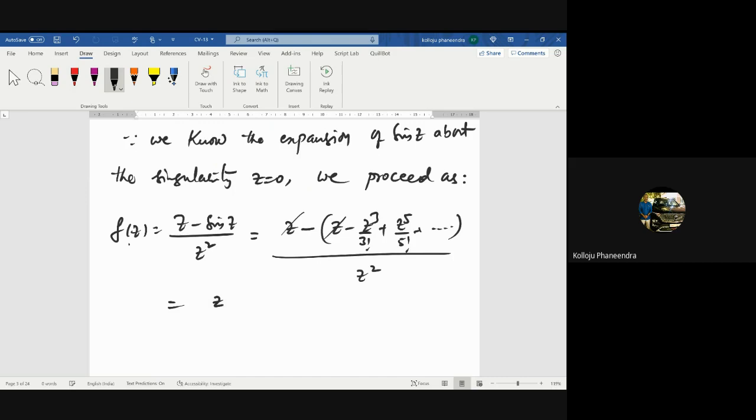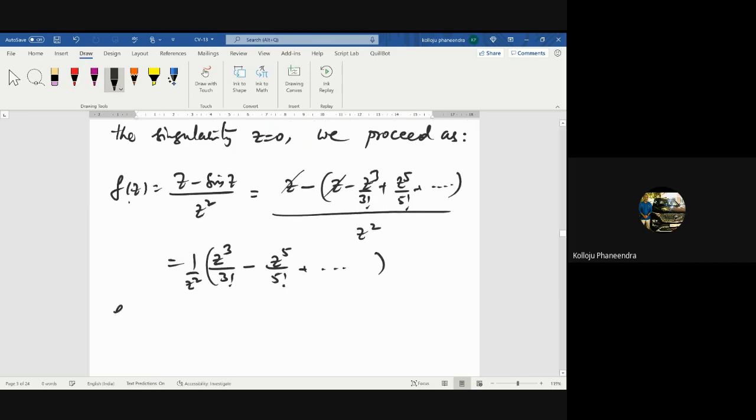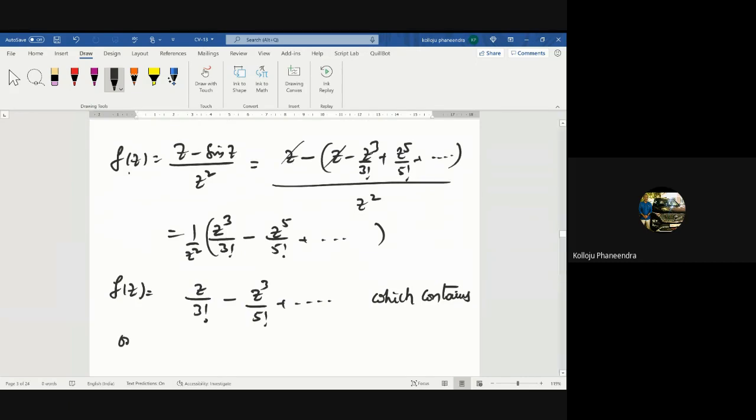Let me take what is common: z³ will be common, right? So z³/3! − z⁵/5!, and so on, divided by z². So f(z) becomes z/3! − z³/5!, and so on, which contains only positive powers.